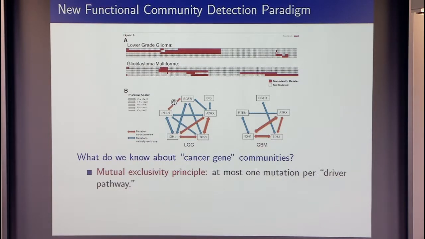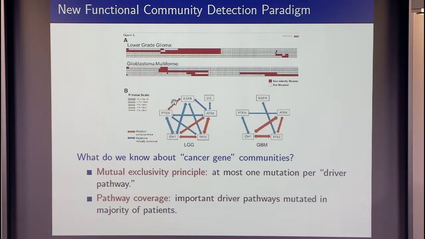And it says that when you look at the real data, at most one mutation occurs per driver pathway in cancer. Another thing that was observed is that cancer tends to attack a certain number of pathways, and it's important that all these pathways are covered, which means in the majority of patients you will see the same modules attacked, maybe in potentially different ways by attacking different genes, but you will have this coverage property as well.